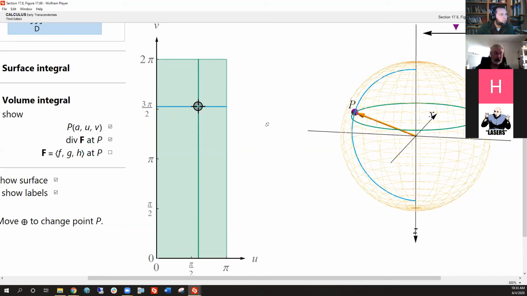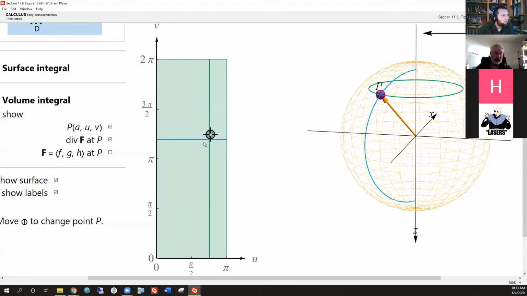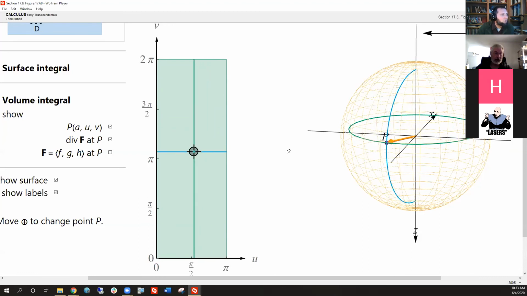So this is just looking across the surface of the sphere, but when we're dealing with the divergence theorem, it's important to note that we're actually going to also look at the interior of the sphere and ask what would happen if we stuck all those little balls inside: do we have sources or do we have sinks inside the sphere as well?